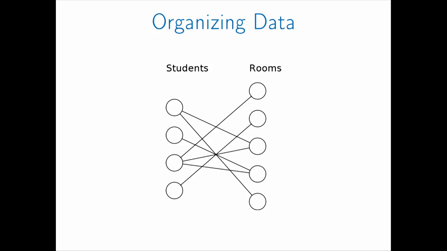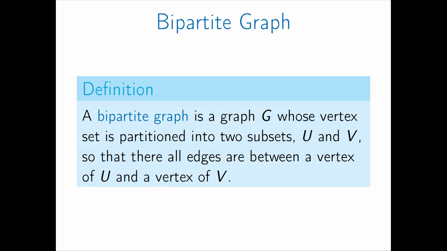How do we organize this data? Well, you've got a bunch of students, and you've got a bunch of rooms, and there are some pairs of students and rooms where that student is willing to be in that room. A great way to organize this data pictorially is by what's known as a bipartite graph. A bipartite graph is just a graph G where the vertex set can be partitioned into two subsets, U and V, students and rooms.